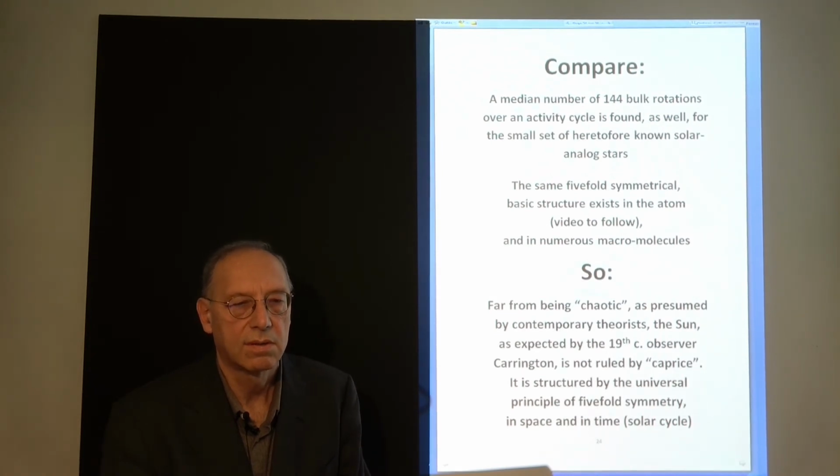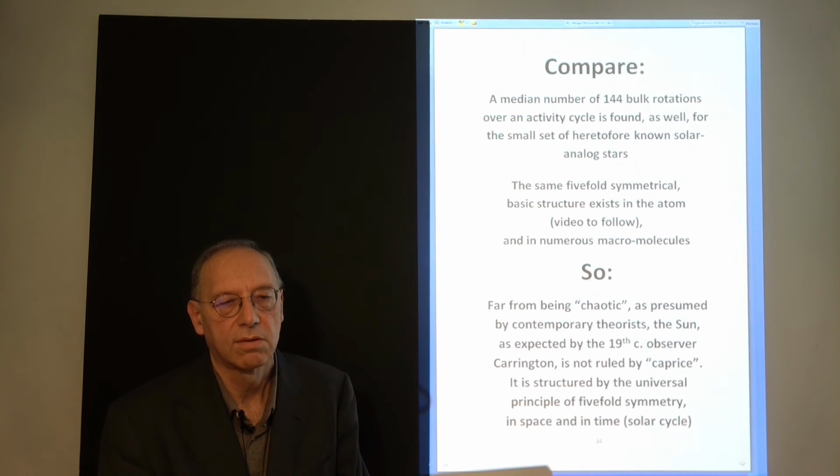There are only 24 of them that are known. And it turns out that their bulk rotation also seems to average out to 144 rotations over their activity cycle, as is found here for the Sun.